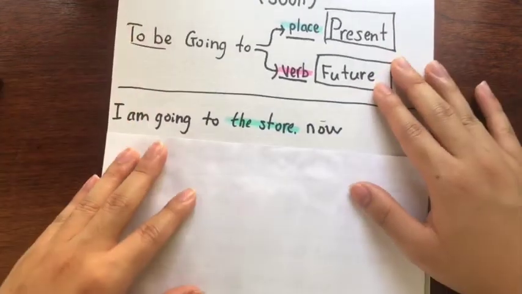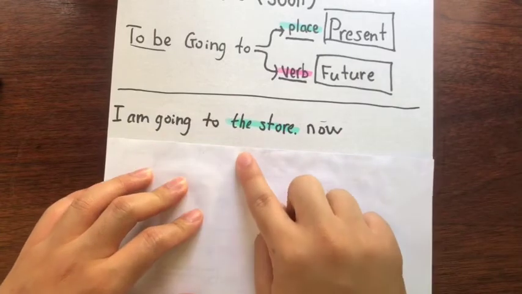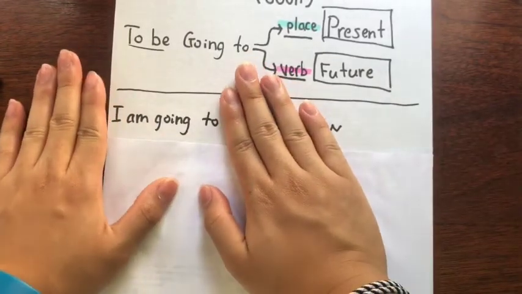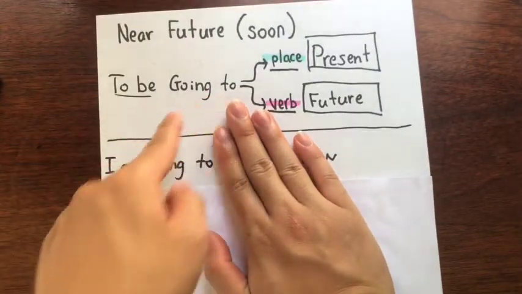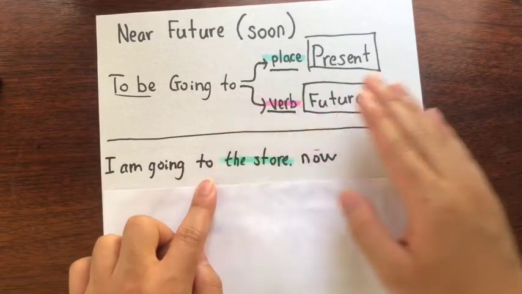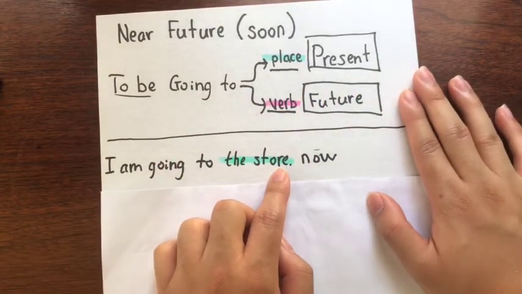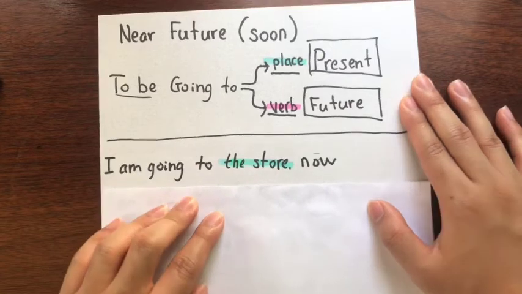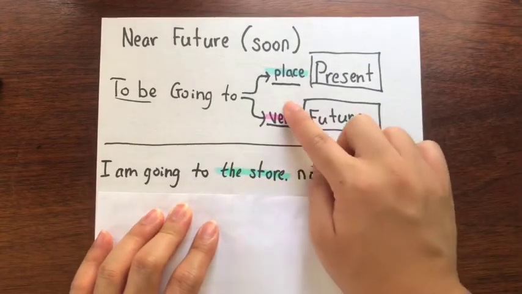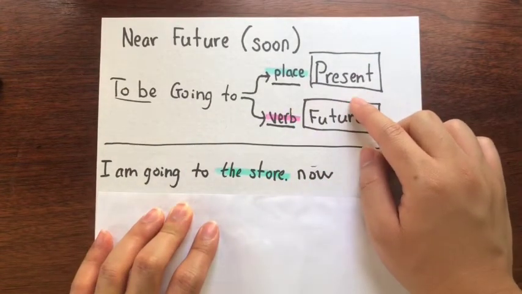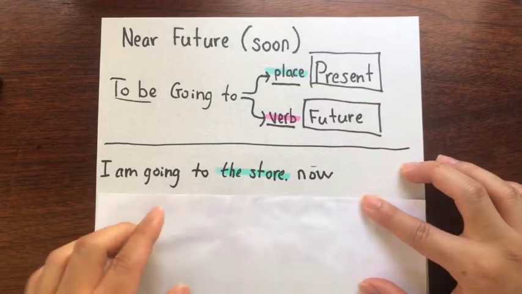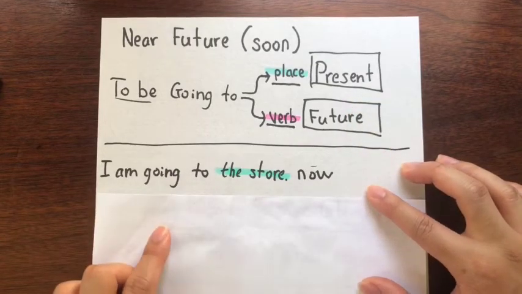So, we have I am going to. That is to be going to. I am going to the store. The store is a place. So this sentence is in the present.